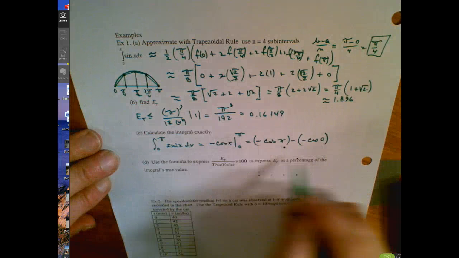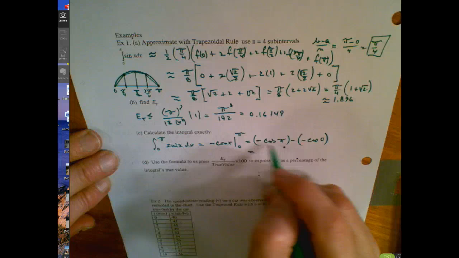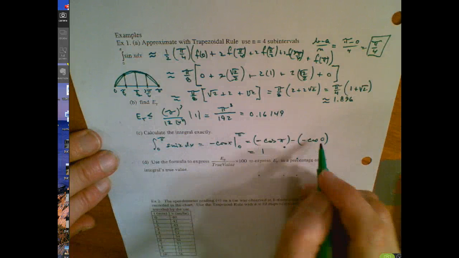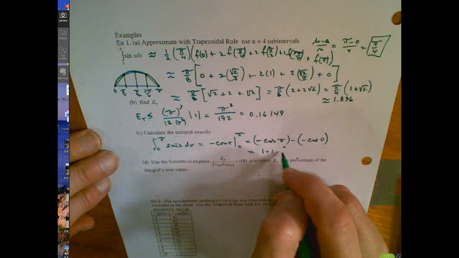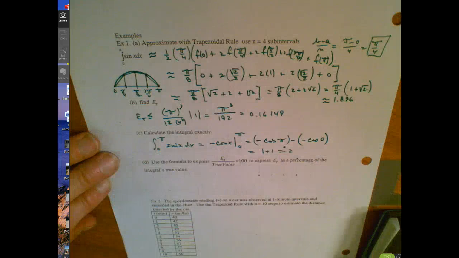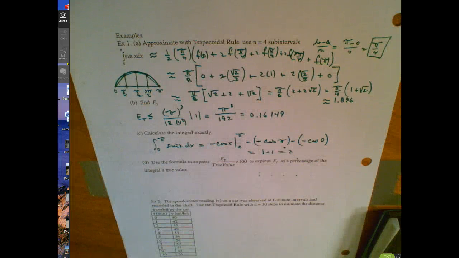If we evaluate that, we know that cosine pi is negative 1, so the opposite is 1, minus a negative 1. So it's plus 1, which is equal to 2, and therefore it matches what we have on the calculator. Okay, so that's the first one.